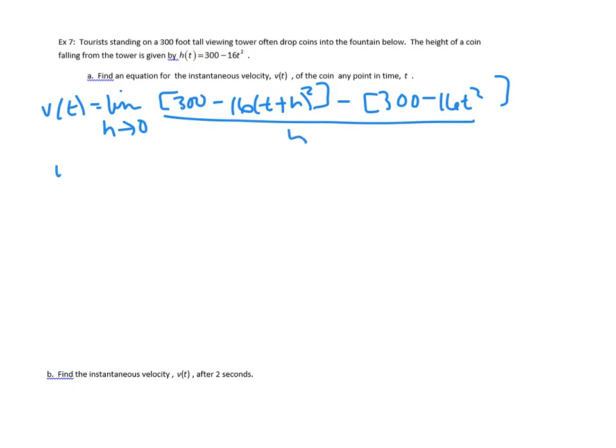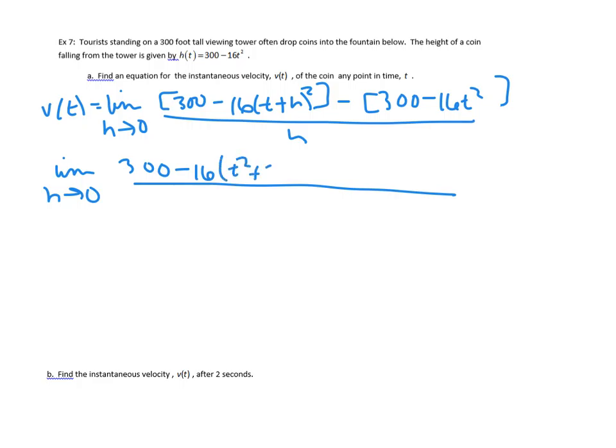So that gives me my limit as h approaches 0 of 300 minus 16 times t squared plus 2th plus h squared, minus 300 plus 16t squared, over h, limit as h approaches 0.